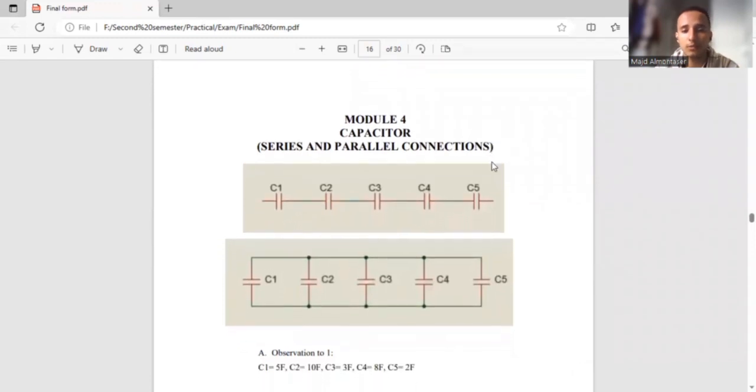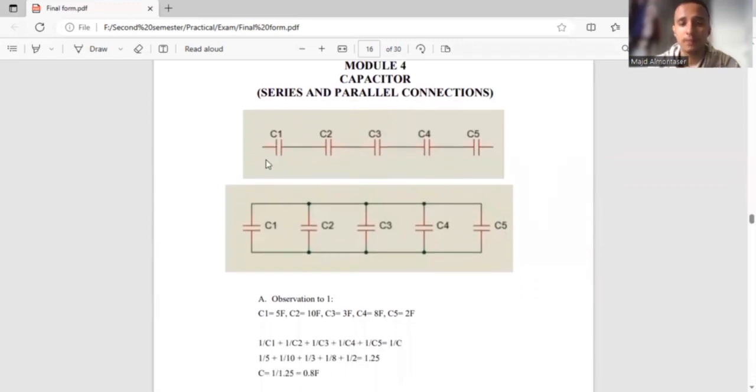And now here we come to module 4, the capacitor, series and parallel connections. The capacitors, when they are in series, do the exact opposite of the resistance in series. Here we do them by adding the reverse of each capacitor.